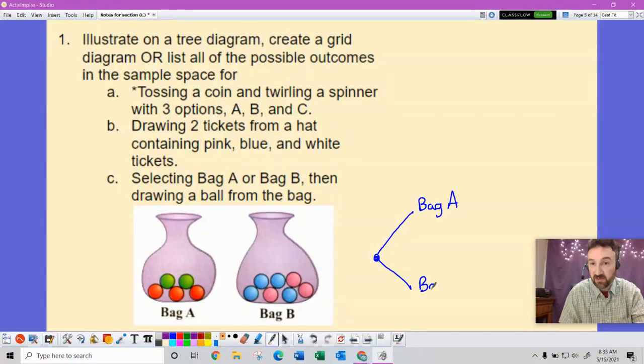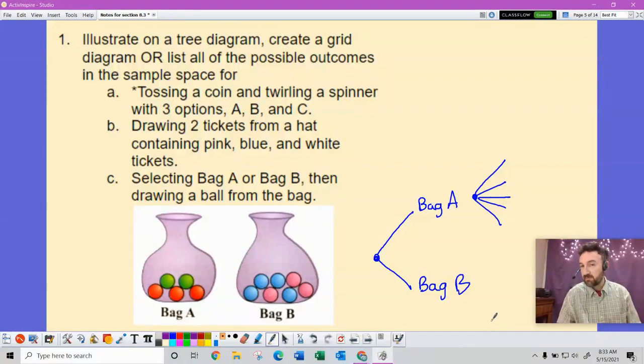Or maybe we could select bag B. And then from there, if we picked bag A, and then I'll just get you started here, with bag A, there's 5 different balls here. So in a tree diagram, if you want, you can have 5 different branches and list off all of those branches. Looks like 2 of them are green and 3 of them are red.